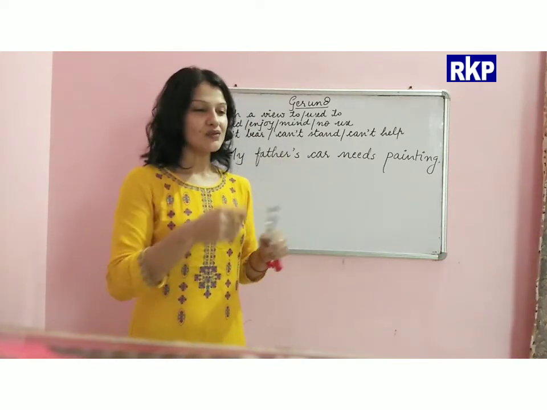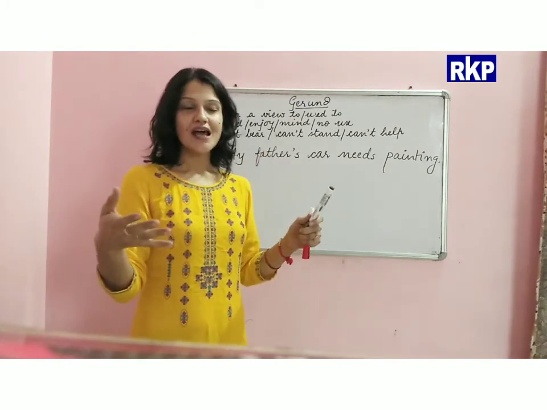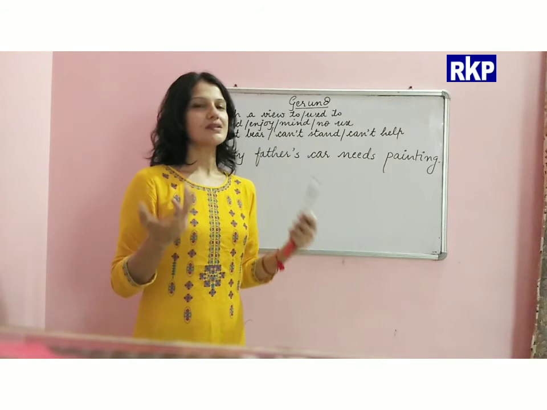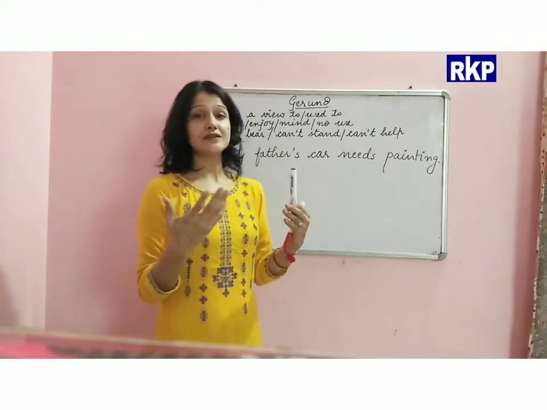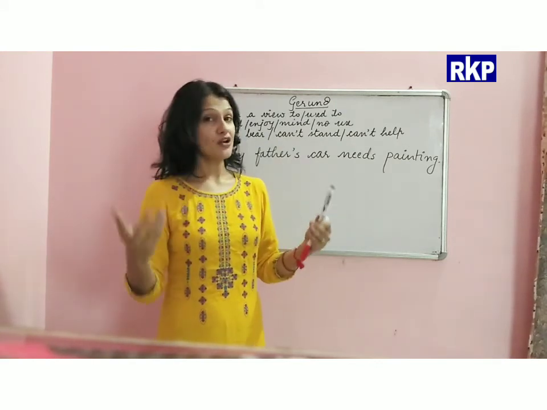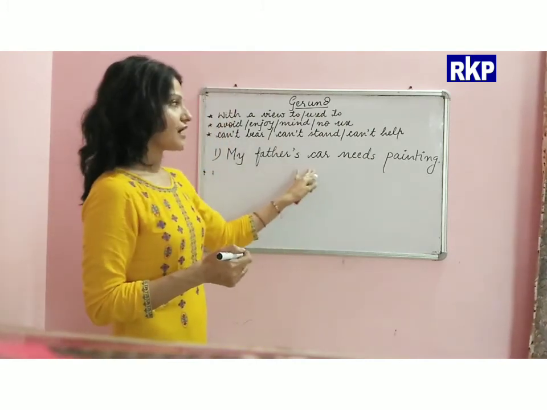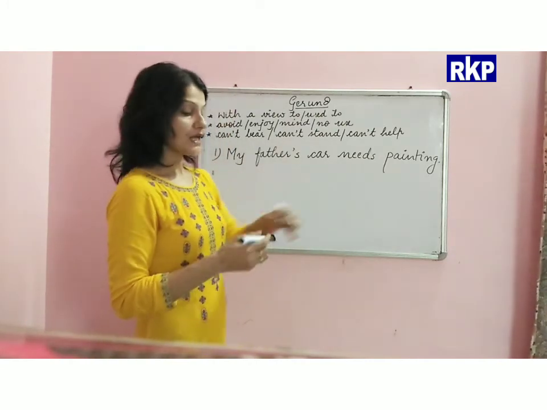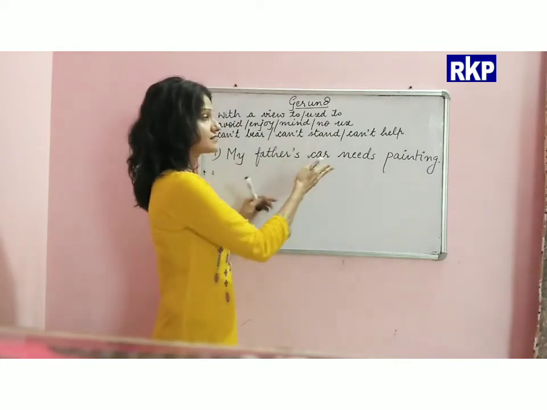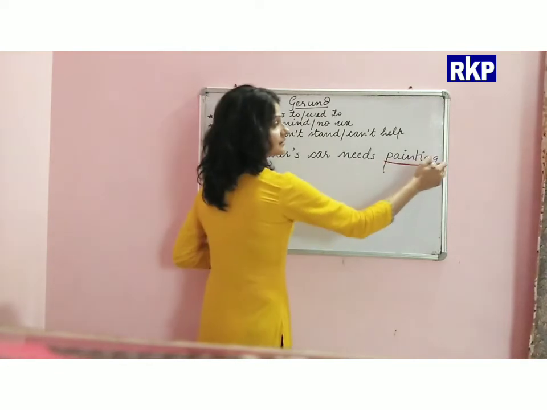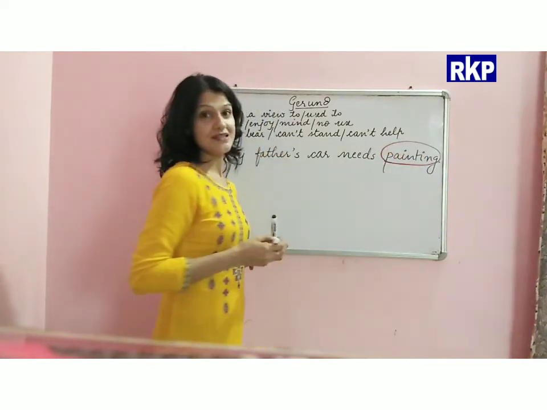Now there are so many scratches and it looks very bad. So I think if it is painted, it will look good again. So my father's car needs painting. Now if you see here, this sentence is in passive form and this is the gerund.